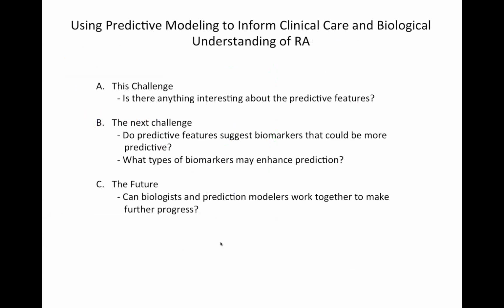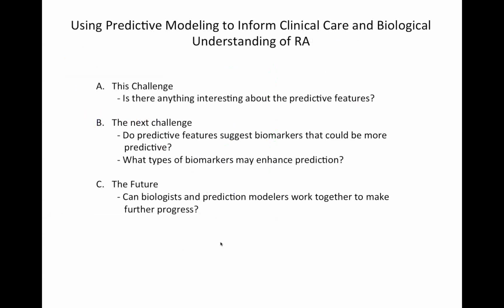So as you can see on this slide, the challenge is: is there anything else? Is there anything interesting about predictive features, and how could we build better genetic models incorporating clinical data into those genetic models, and could that help us with predicting response to therapy, but then also providing insight into the underlying biological processes?